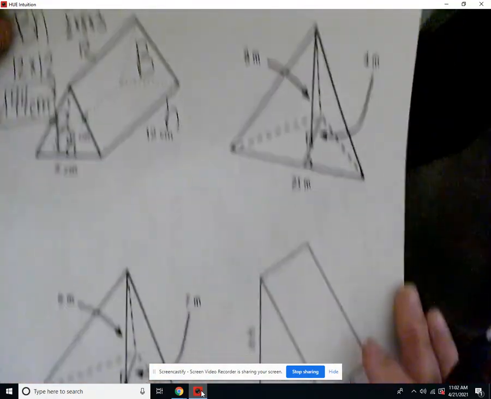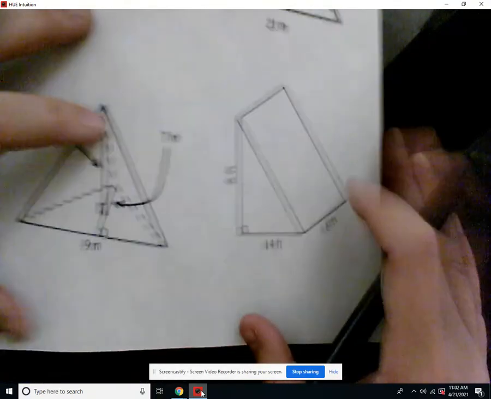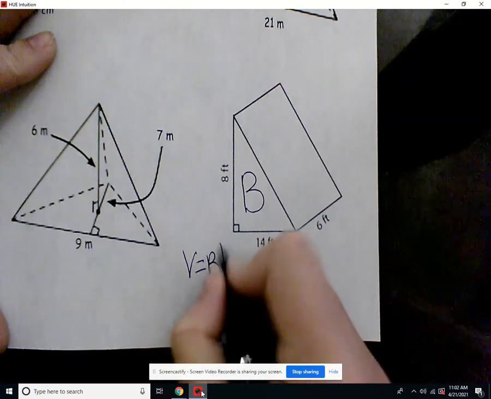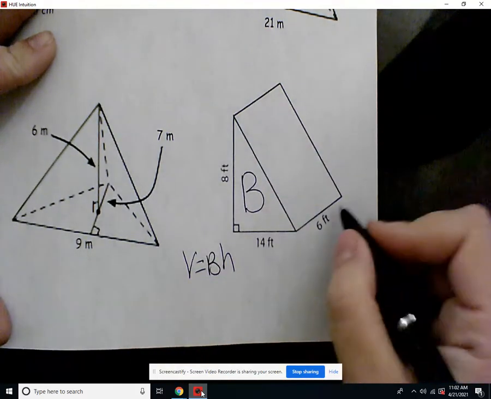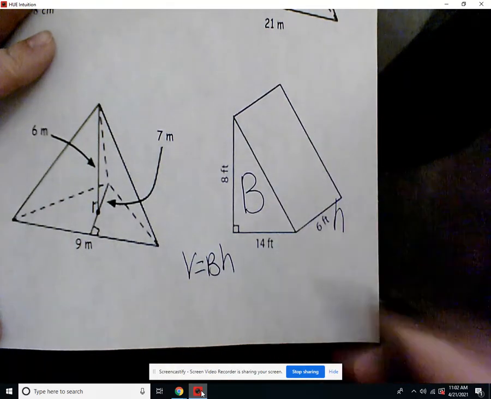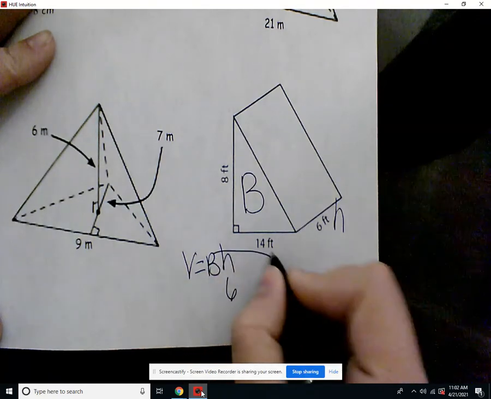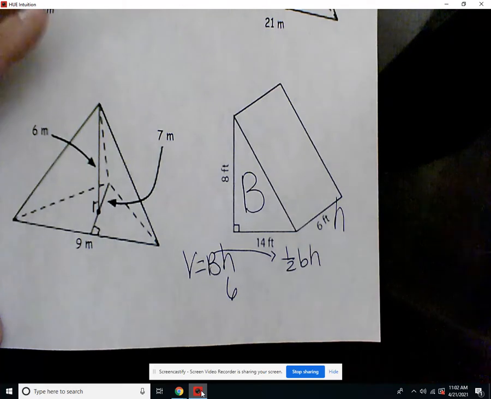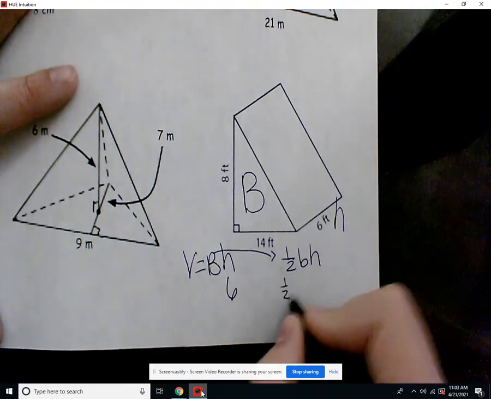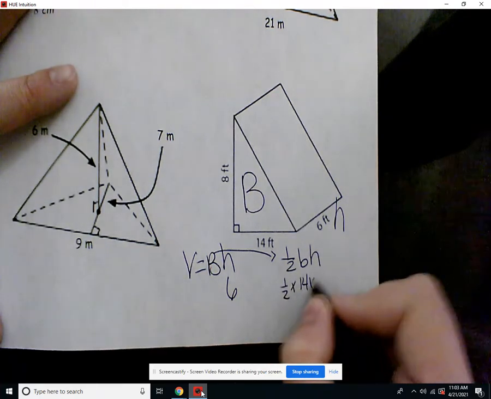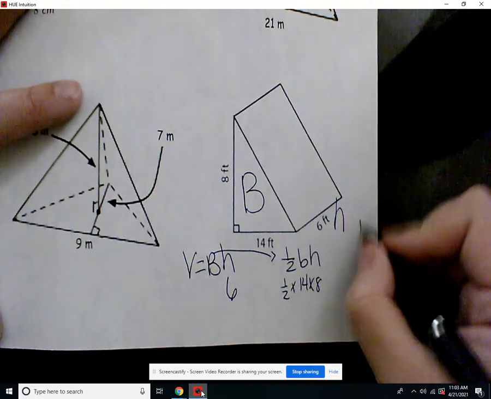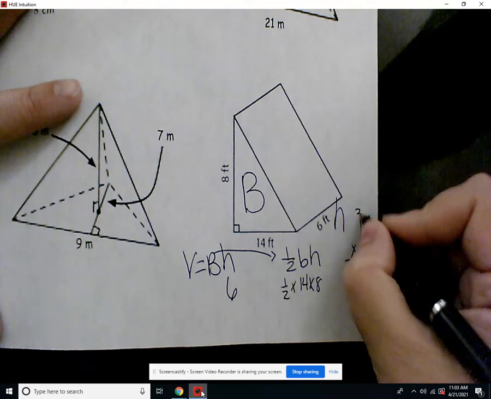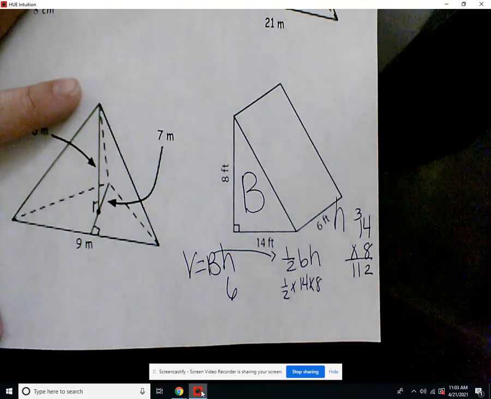Okay, so now let's look at our other prism. So here's our base. And so again, since it's not on the triangle, it'll be our height of the prism. So in this case, it's going to be 6. We're now going to find the area of our base by doing 1/2 BH. So we have 14 and 8. We're going to multiply those two together, 14 times 8, which is 112.